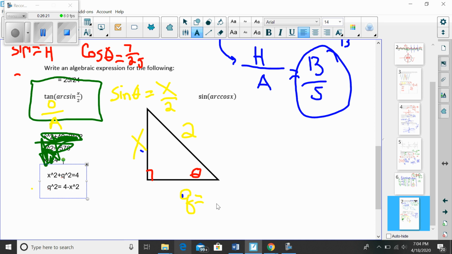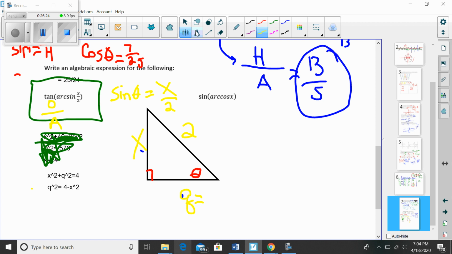Then I take the square root of both sides, so q equals radical 4 minus x squared. Now the tangent equals opposite, which is x, over adjacent, which is radical 4 minus x squared. That would be my final answer.